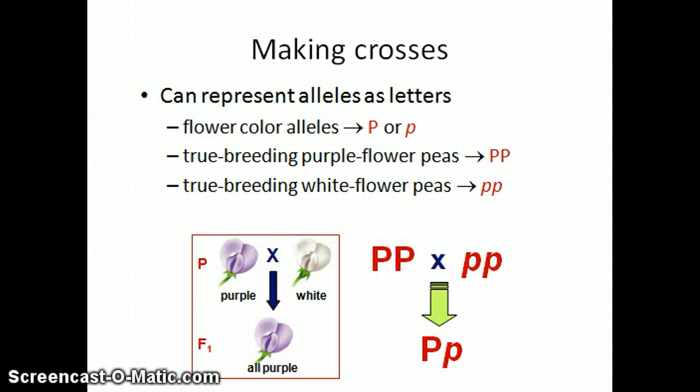If we use P for the flower color characteristic, the purple is the capital P, and the lowercase p would be for white, the recessive trait.